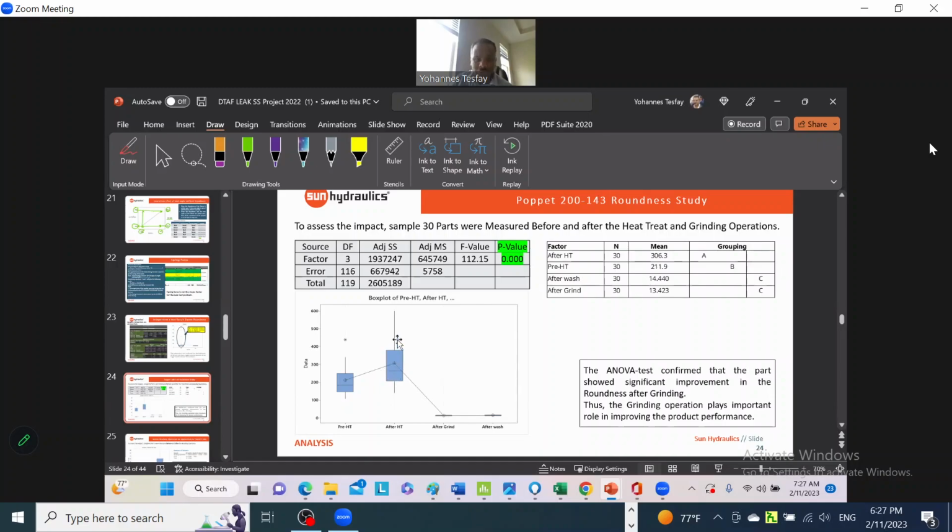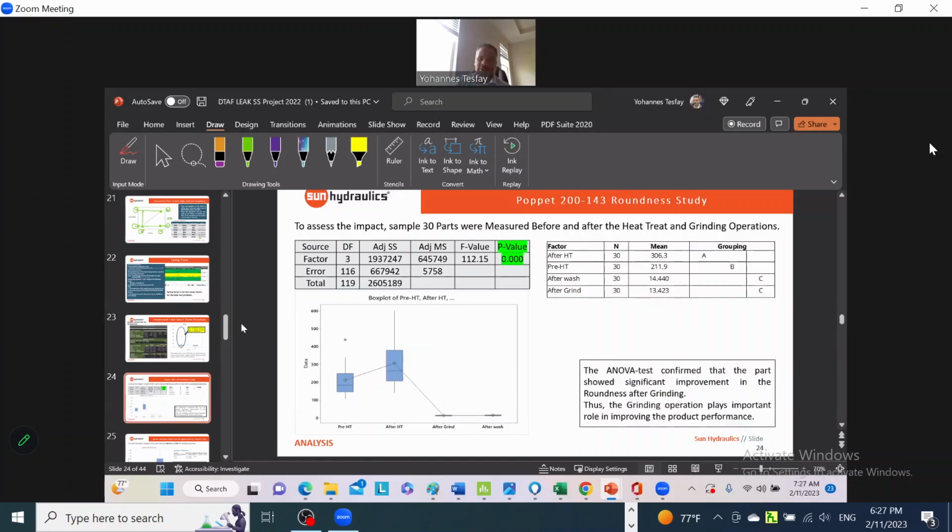That means if we have good parts here, then we get good parts there too. When we do the Fisher category test, this is what we find. The ANOVA test confirmed that the parts showed significant improvement in roundness after grinding. So grinding is the most important operation again. This grinding operation plays an important role for the performance.